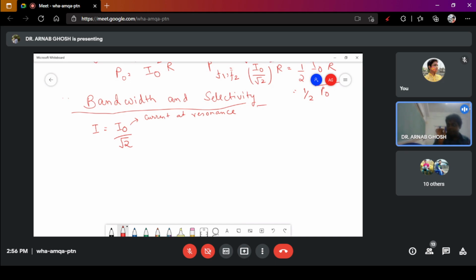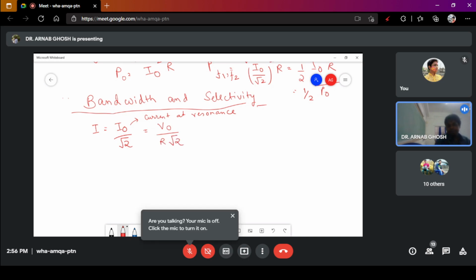We pointed out in the last class that current will be maximum and impedance will be minimum. So your I0 will be equal to V0 by R.